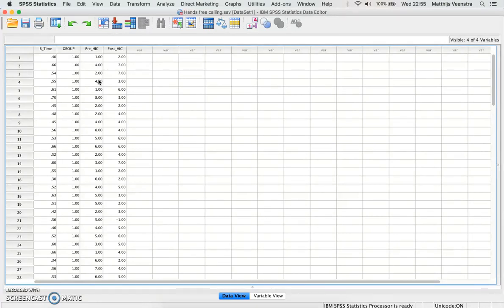Now, what we don't want is that we give some patients a placebo and some patients the real drug. No, we want to give all patients this drug, but we want to test whether it works. So what we do is we count the number of hiccups they have in 10 minutes before they get the treatment and after they get the treatment.